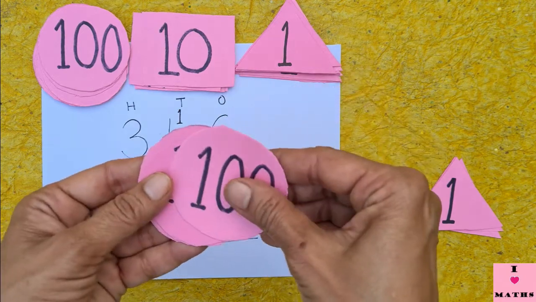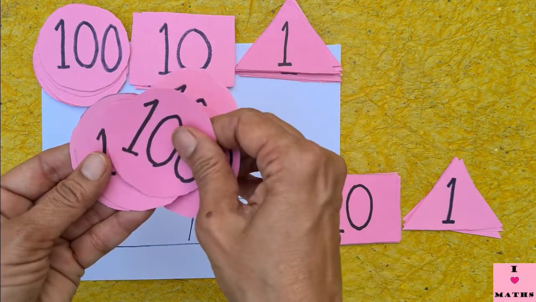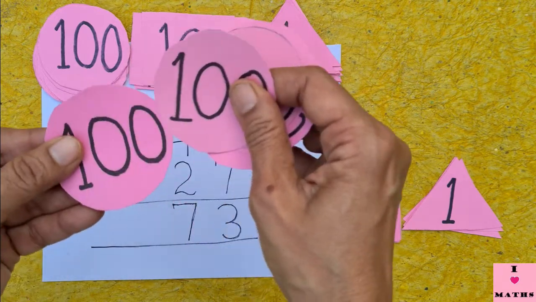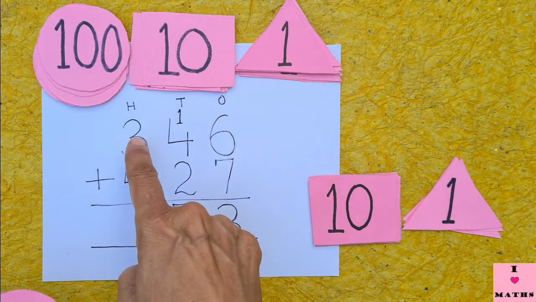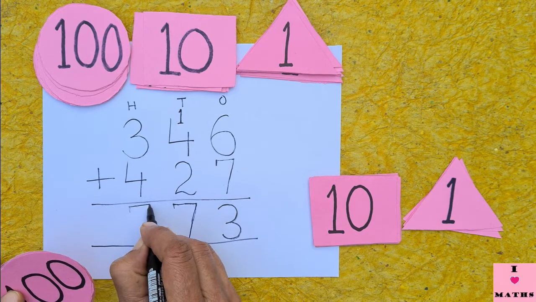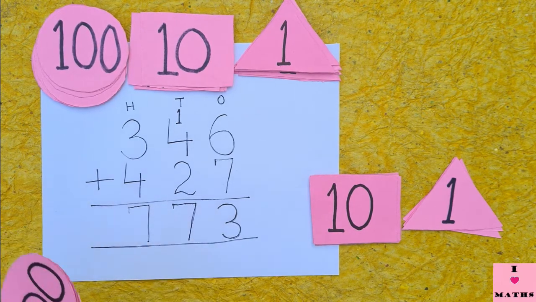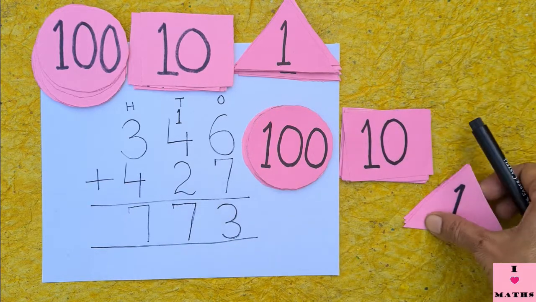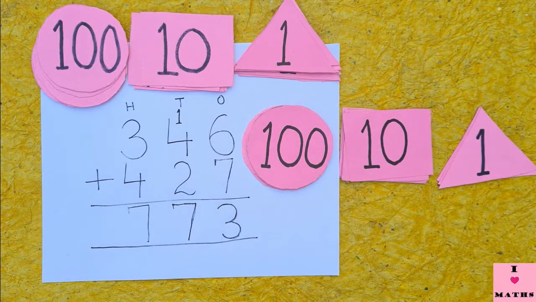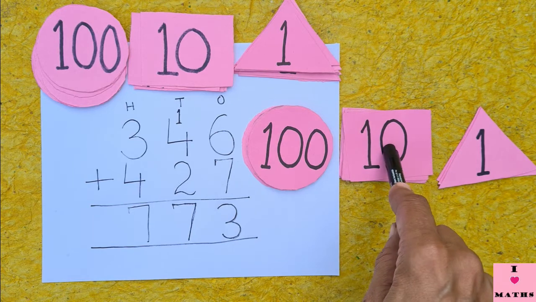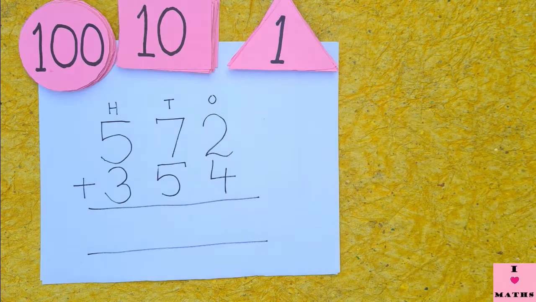Let us count them. 1, 2, 3, 4, 5, 6, 7. It means 3 plus 4 gives us 7. So let us write 7 here, and now we have 773 as our answer. So here also we have 773. Here we have 7 hundreds, 7 tens and 3 ones.